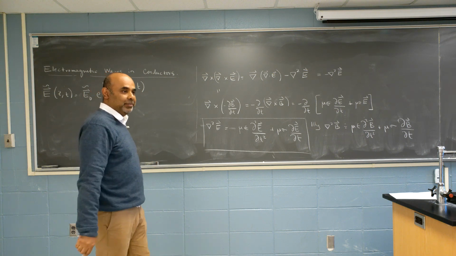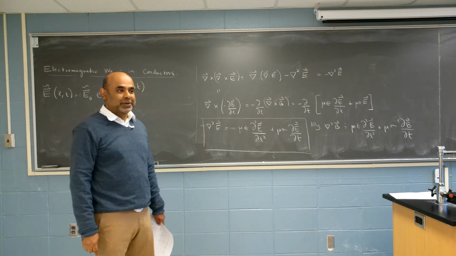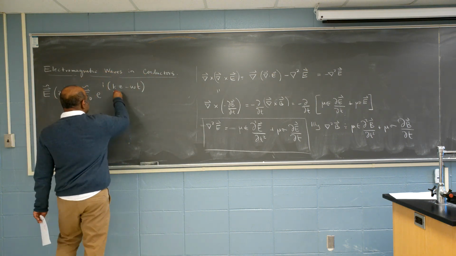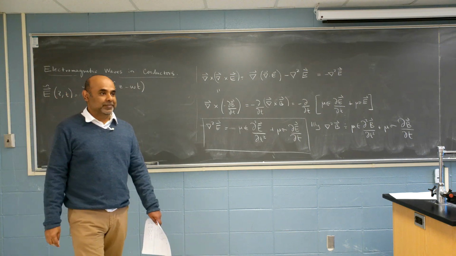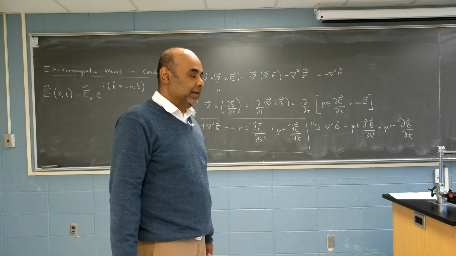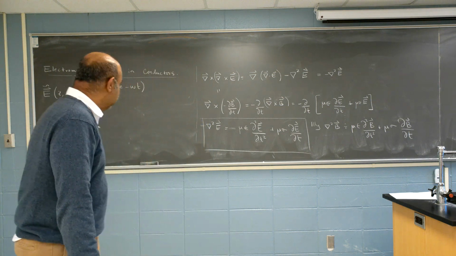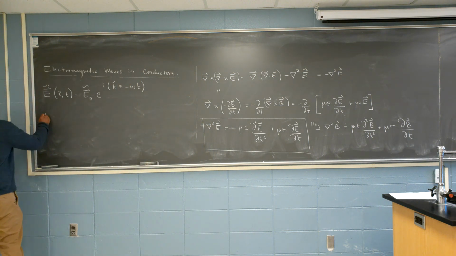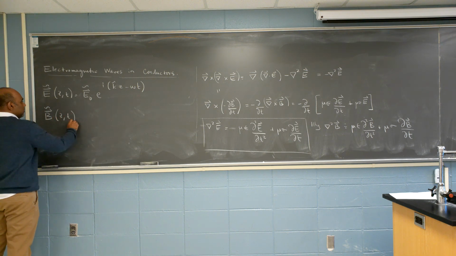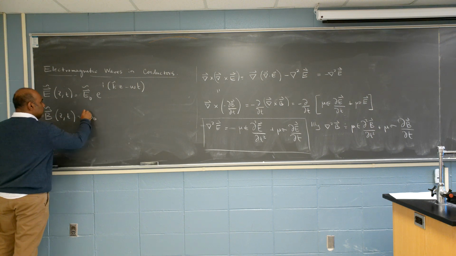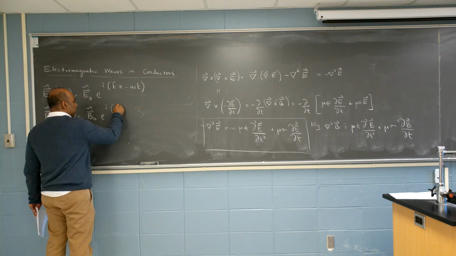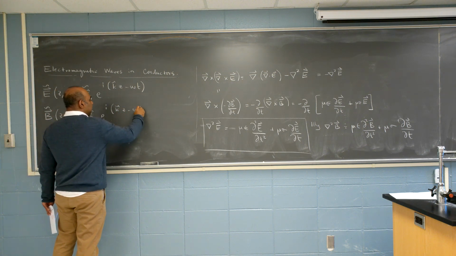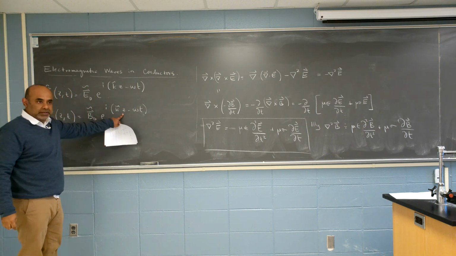But thankfully it's been tried before, and we know ahead of time it's going to be a complex number, so I'm going to just put k tilde in there and see what happens. And of course, B. This is for a wave that is moving in the z direction.